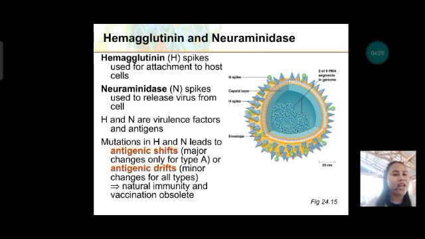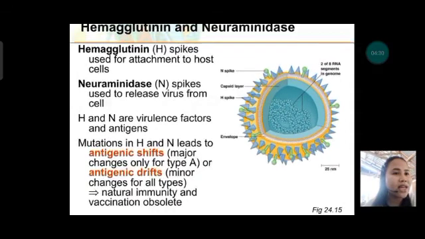So this is the H and the N, the hemagglutinin and the neuraminidase. Hemagglutinin, the H, spikes are used for attachment to host cells, while the N, or the neuraminidase, spikes are used to release virus from the cell.